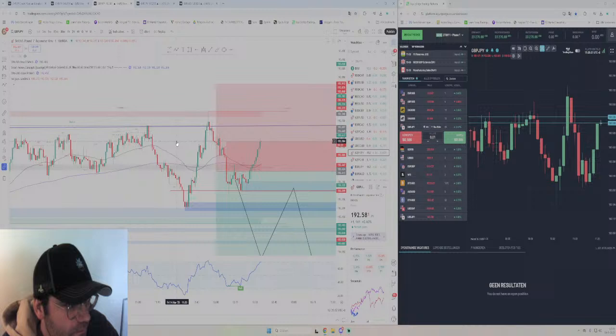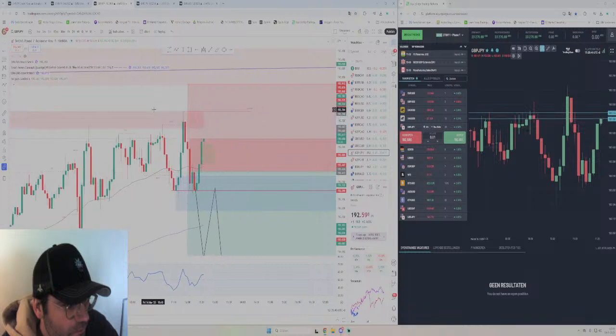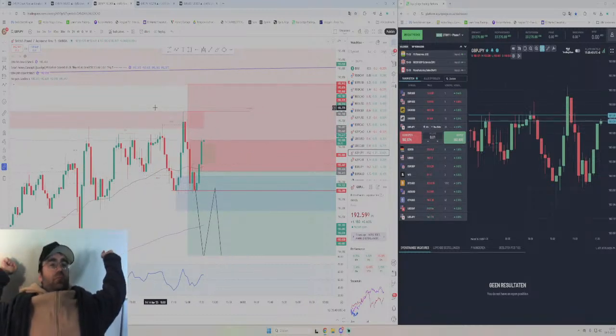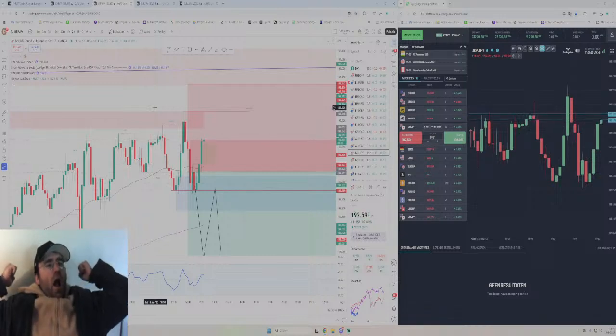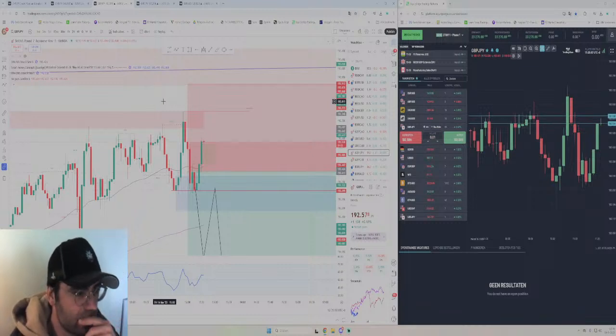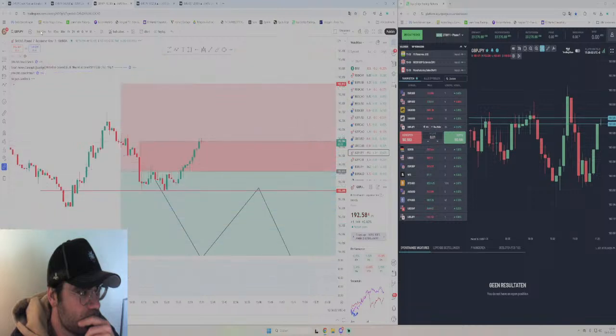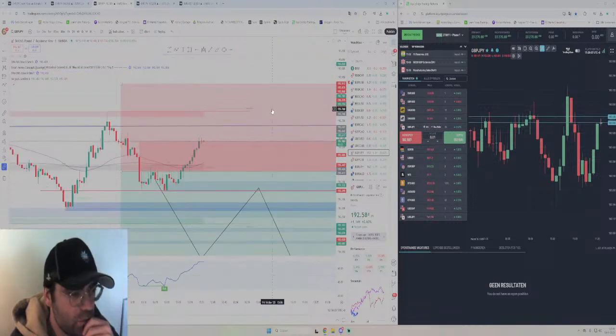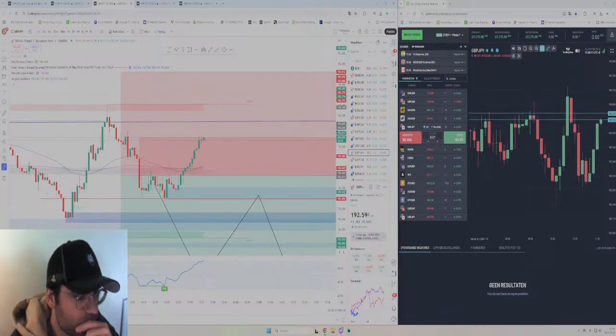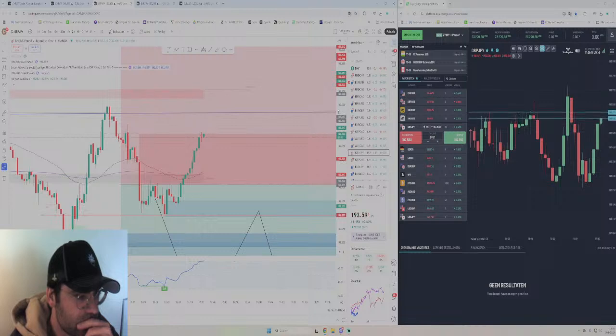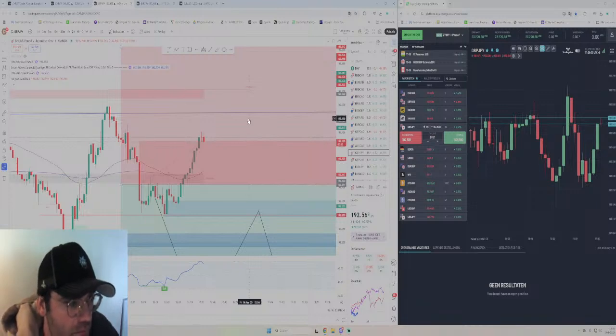Let's see what we got. A doji. It is struggling. Alright, and go.